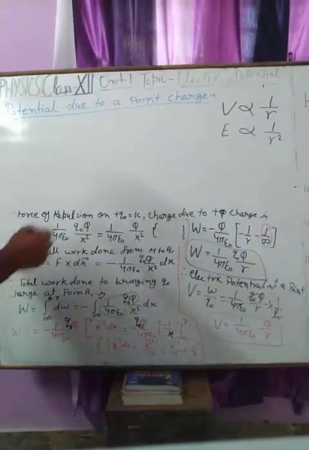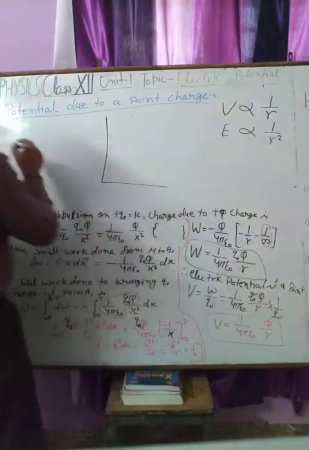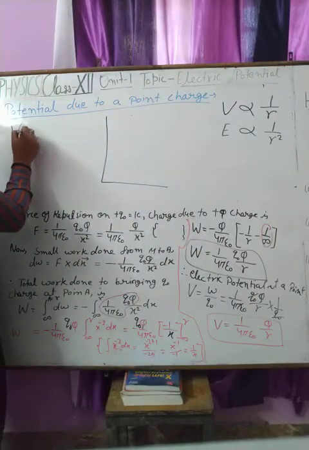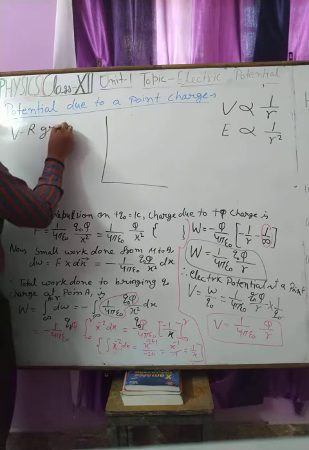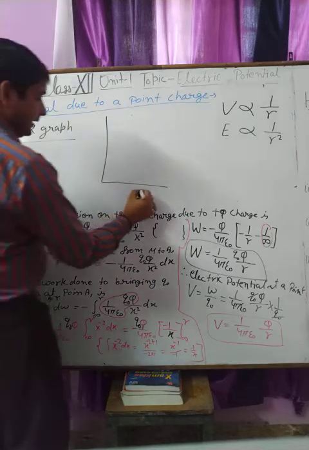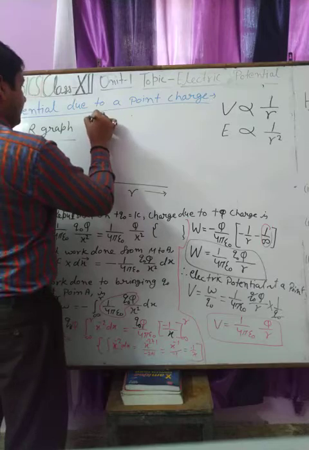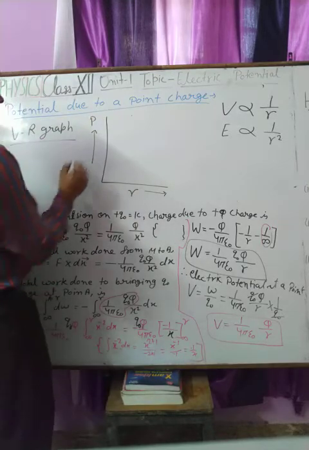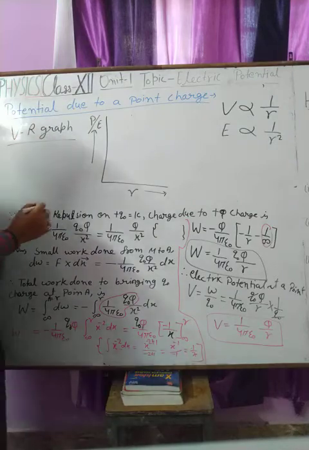Now the graph which we call the VR graph, the potential distance graph. This is distance and this is potential, and we relate this graph with the electric field also.